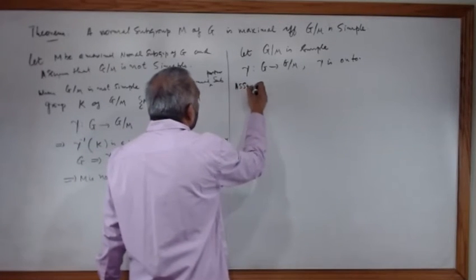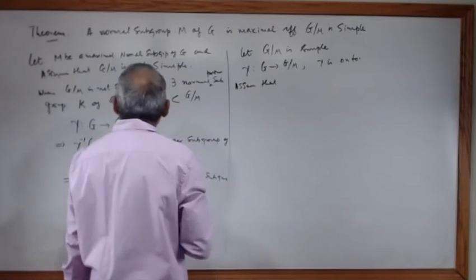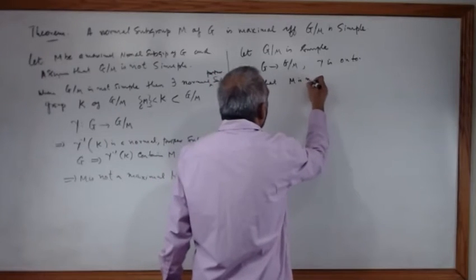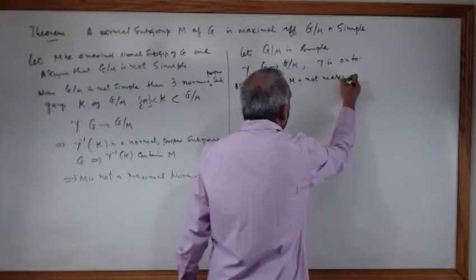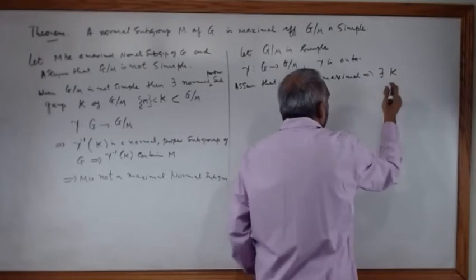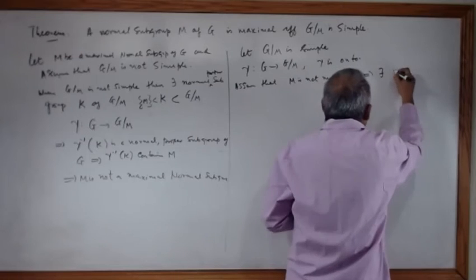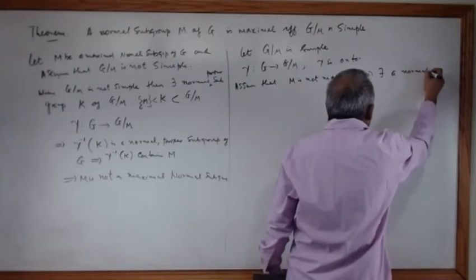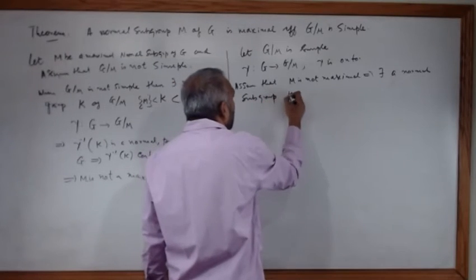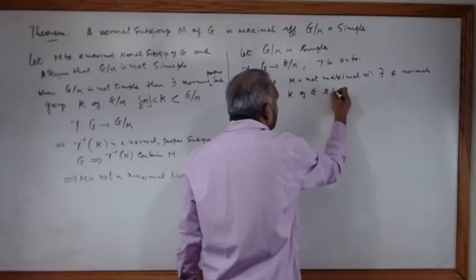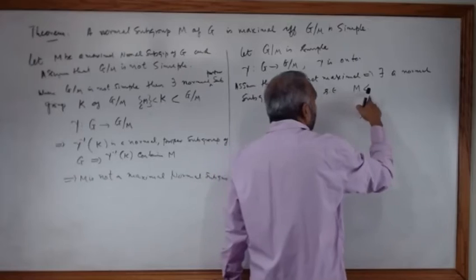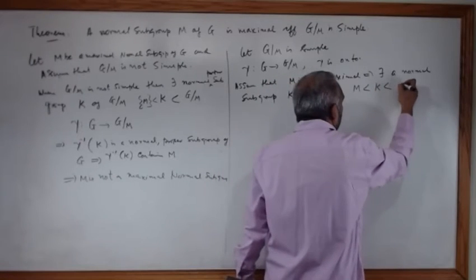Assume that M is not maximal. That implies there exists a normal subgroup K of G such that M is a proper subgroup of K, which is a proper subgroup of G.